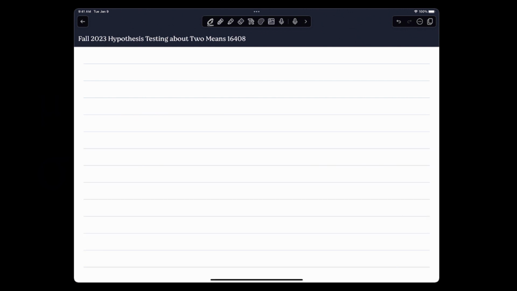Good afternoon. So let's give you hypothesis testing about 2 means. So ladies and gentlemen, let's do an example here.